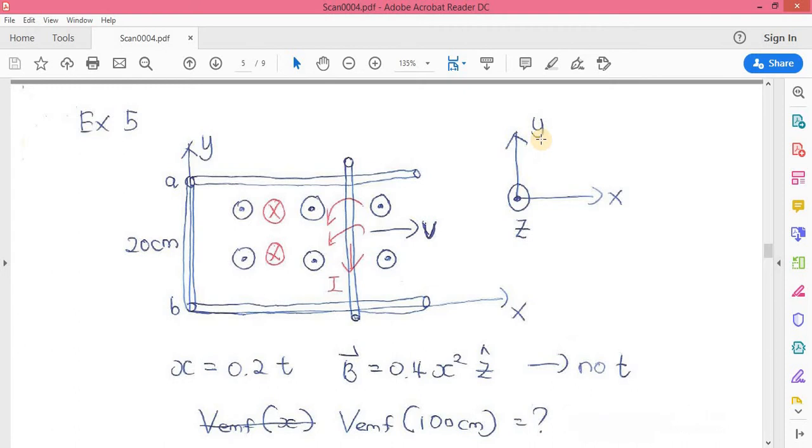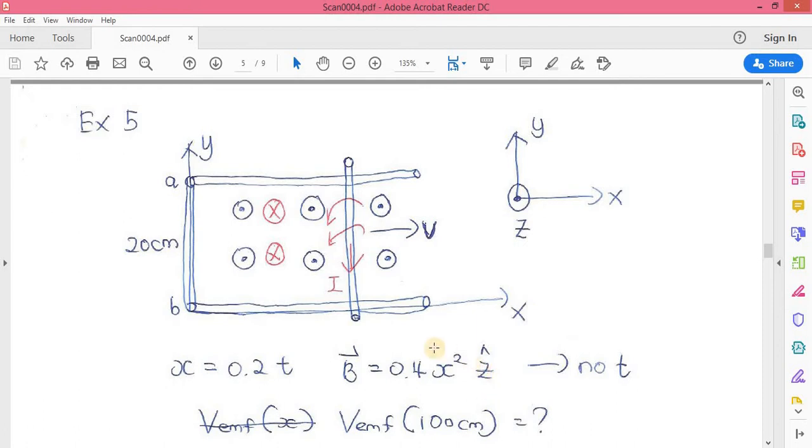This is y direction, x direction, and I define the z direction myself. The positive z direction will be pointing out from the page, like this one. This is a positive z. So I draw this magnetic flux density here to represent the direction of positive z.